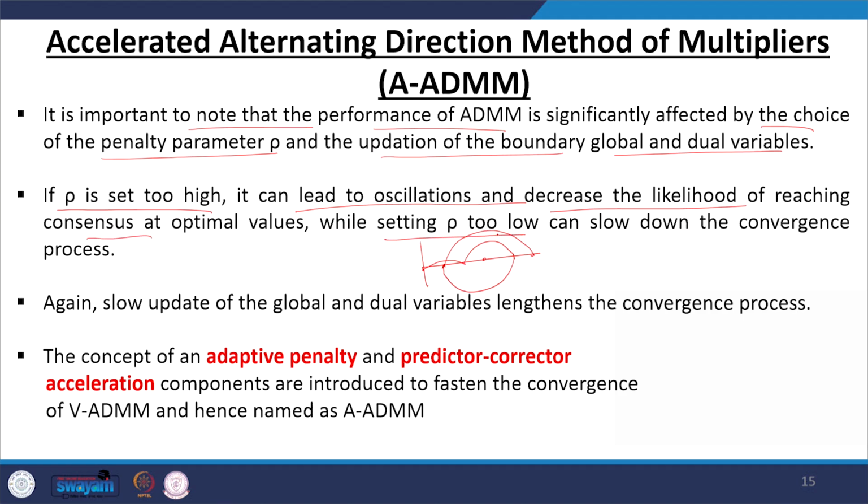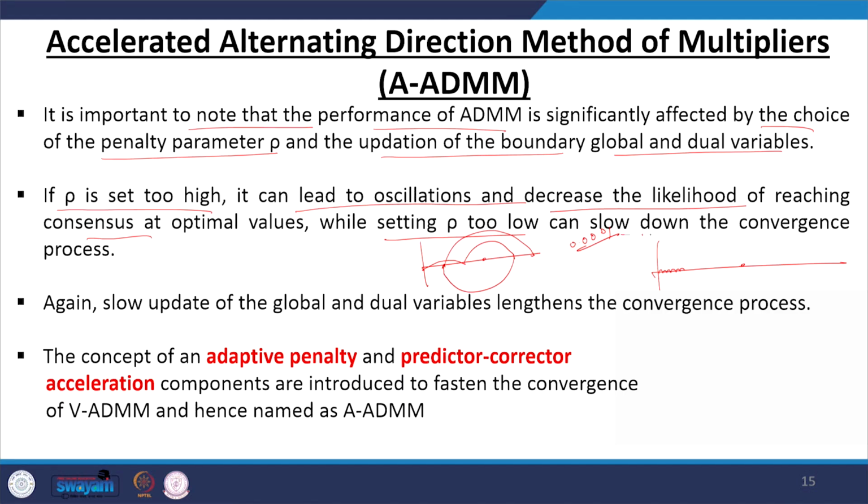If you set rho too low, let us say 0.0001, a very small value, then what will happen? If your solution is here, then it will take a very small step to move forward to that solution. If it takes very small steps, then it will take almost 1000 iterations to reach convergence.